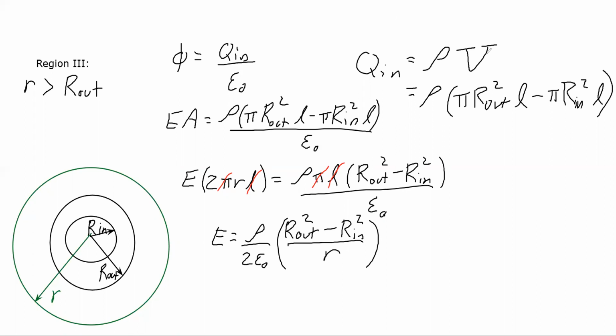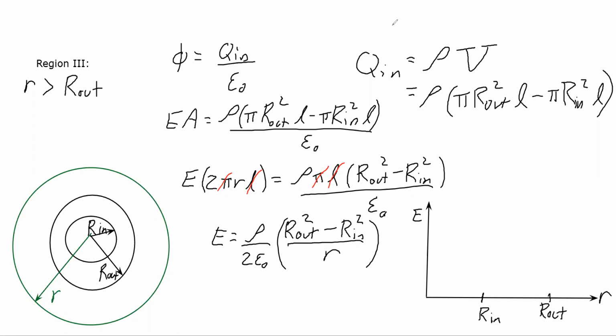Okay, so let's put all these regions together in a graph so we can see what's going on with the electric field. I'm going to do a little plot with electric field on the y-axis and r on the x-axis, with just a couple of markers. I'm going to call this R in, my inner radius, and R out.